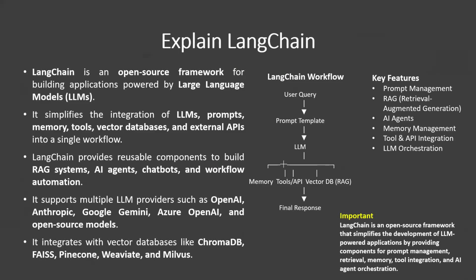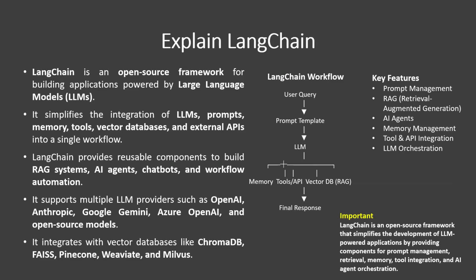LangChain provides reusable components to build RAG systems, AI agents, chatbots, and workflow automation. It supports multiple LLM providers such as OpenAI, Anthropic, Google Gemini, Azure OpenAI, and open source models. It integrates with vector databases like ChromaDB, FAISS, Pinecone, Weaviate, and Milvus.